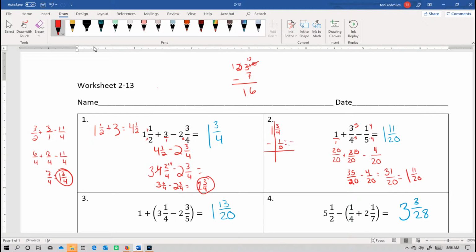Common denominator is 20, which makes the top of this one 4. Common denominator is 20, which makes the top of this one 15. 4 from 15 is 11 20ths, and 1 minus nothing, 0, is 1. Either way is acceptable. You have to pick which way it is that you want to do.